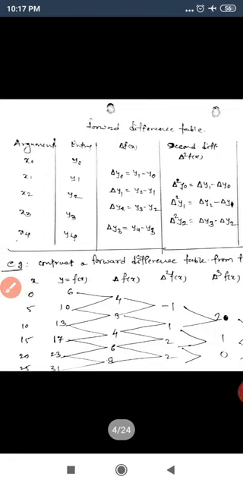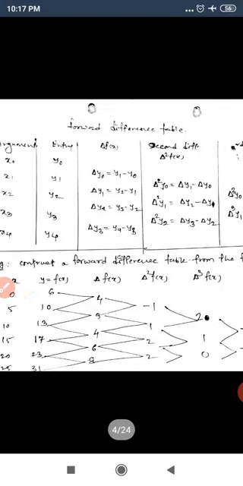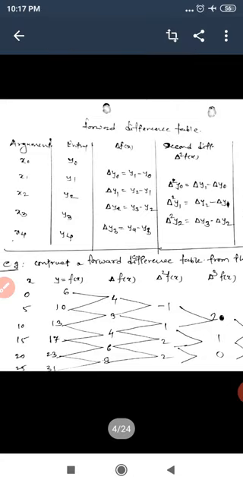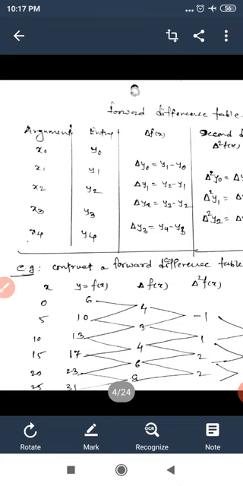Now construct the forward difference table for the following data. Here the data is given: x is 0, 5, 10, 15, 20, 25, and values of y are 6, 10, 13, 17, 23, 31.